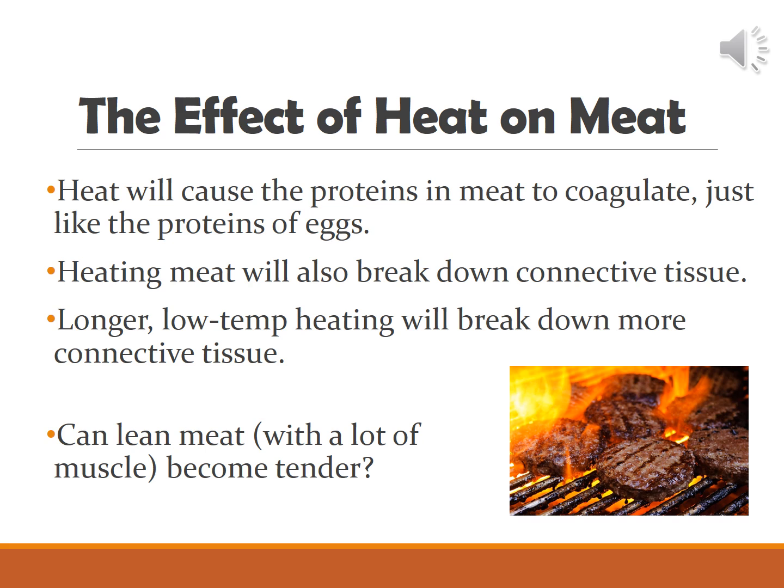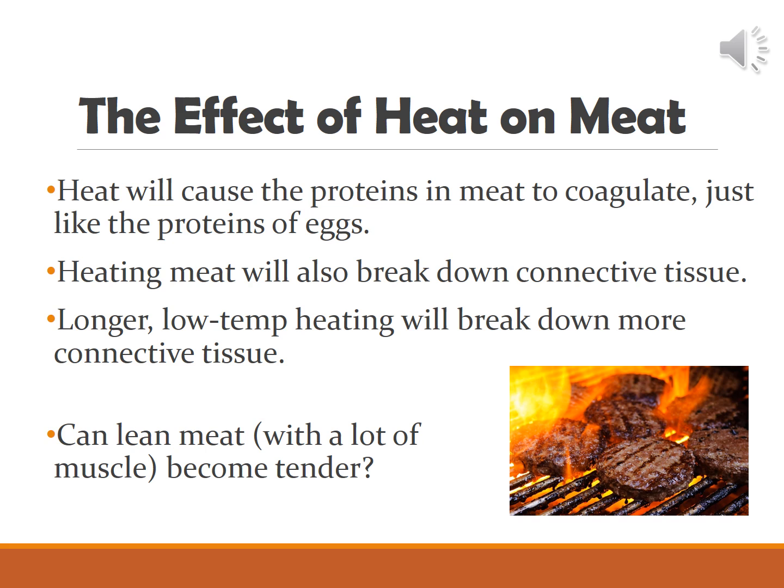If you consider what happens to eggs when we cook eggs, you see quite a bit of solidification of those eggs. The coagulation that occurs with meat is not quite as drastic as what occurs with the coagulation of the eggs, but this is still the same process.